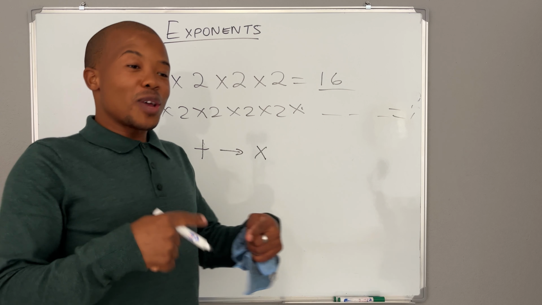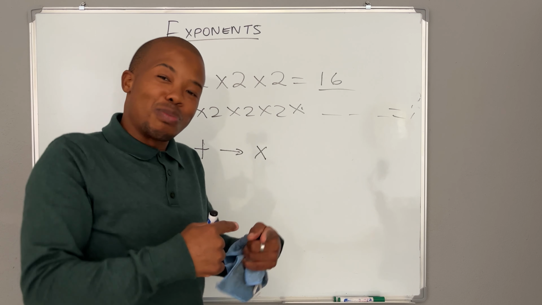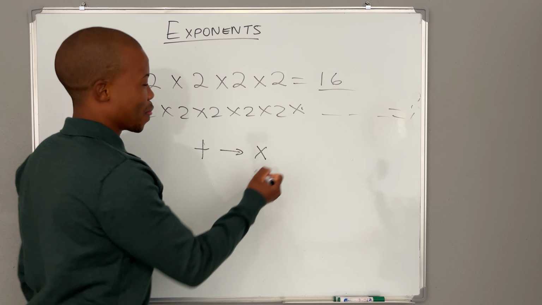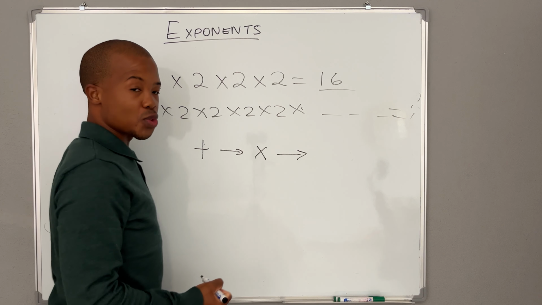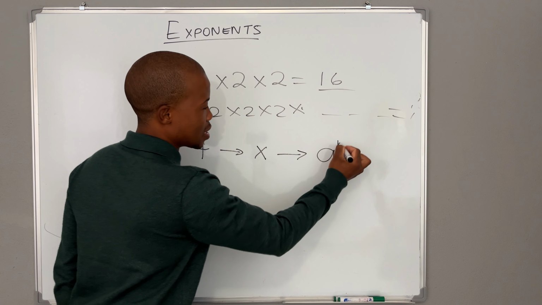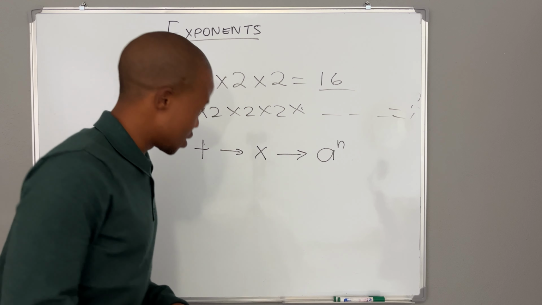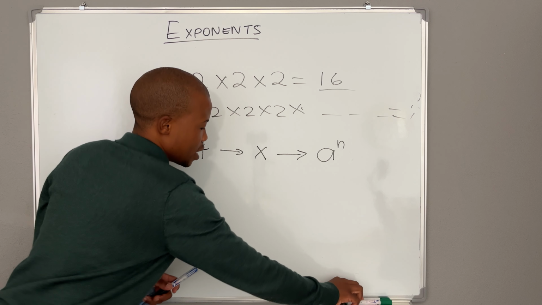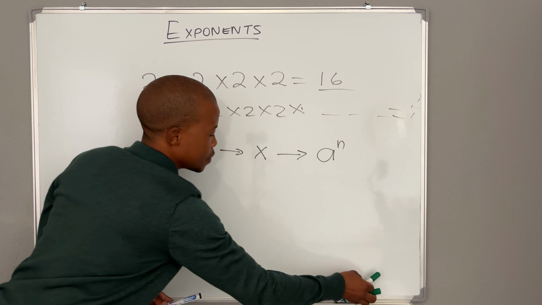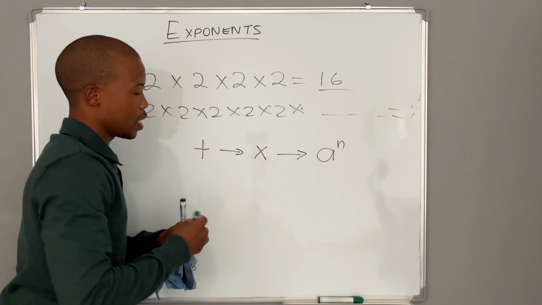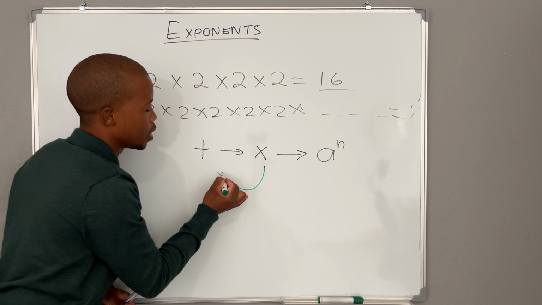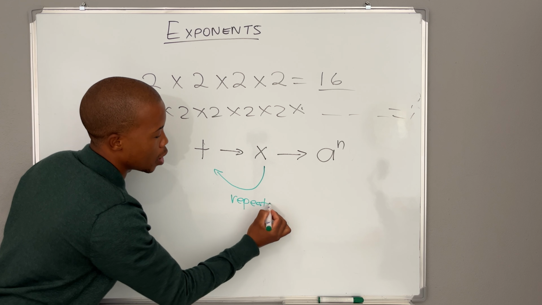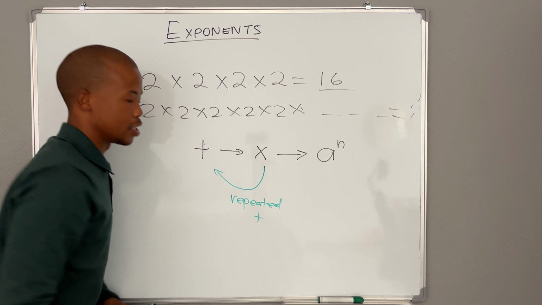Now, there's also a point whereby when we are multiplying over and over, we have to introduce something else. We are now going to introduce what? Exponents. So in other words, what I'm saying is multiplication is repeated addition.